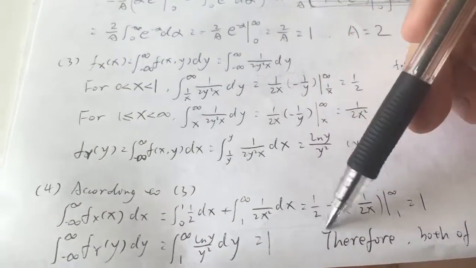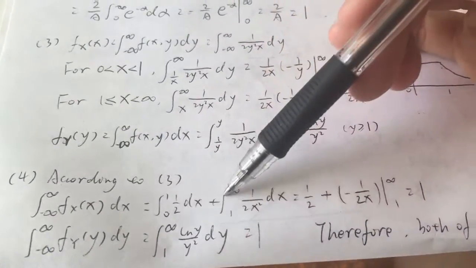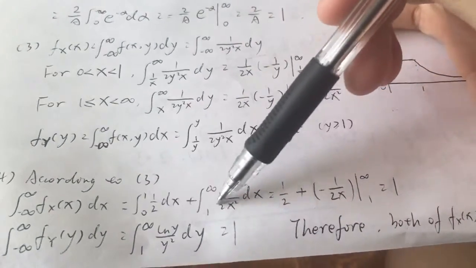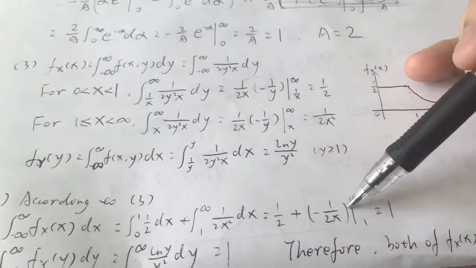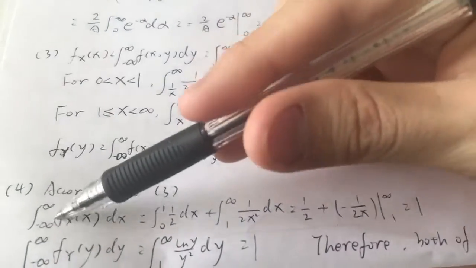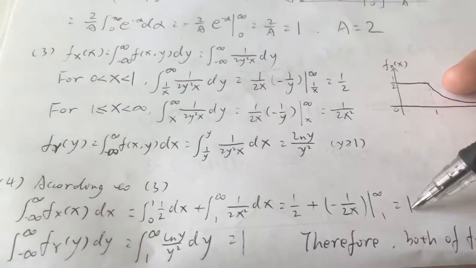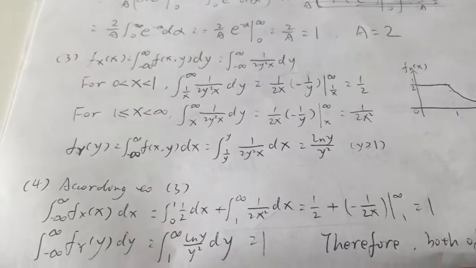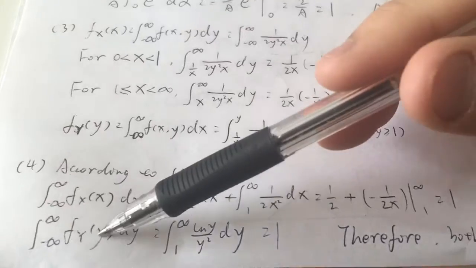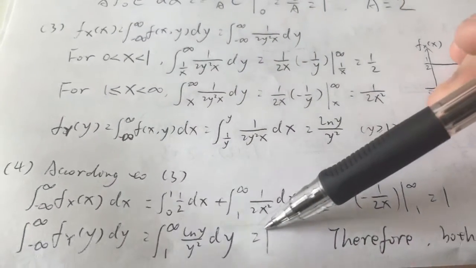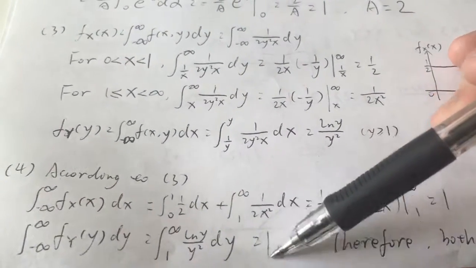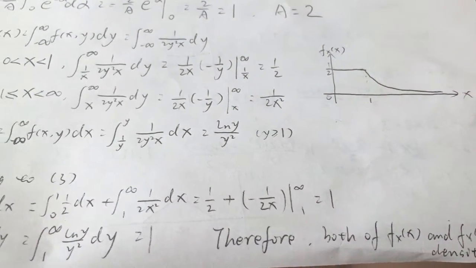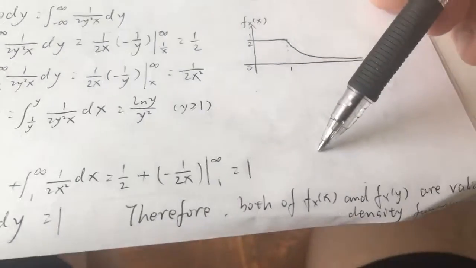So just calculate this, and we put these two results into this integral equation, and we can get this, and the value of this should be 1. So fx is a valid density function. We use the same way to calculate the density function of y, and we also got the result 1. Therefore both of the density functions of x and y are valid.